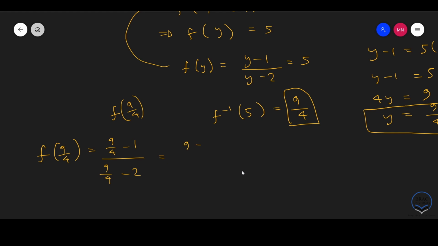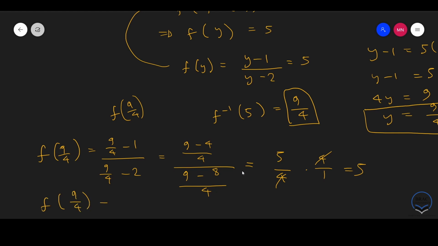And this is just 9 minus 4 over 4 divided by 9 minus 8 over 4, right? This just gives us 5 divided by 4 times 4 divided by 1, right? The 4's cancel out and we get 5, right? So that shows that f of 9 by 4 is equal to 5 and f inverse of 5 is equal to 9 by 4.